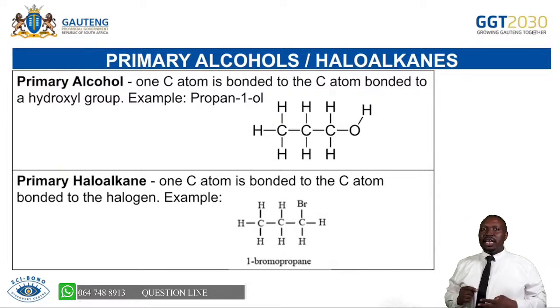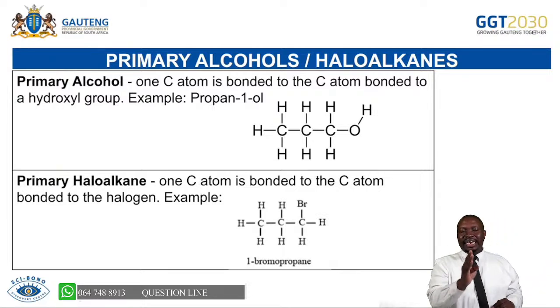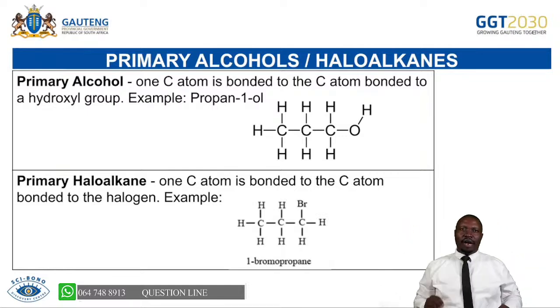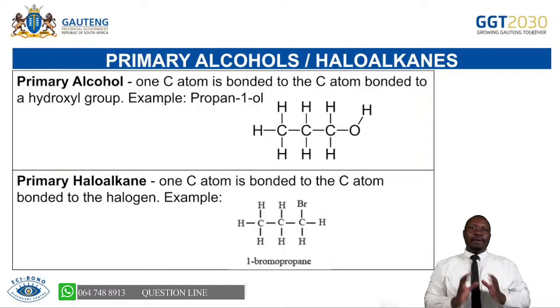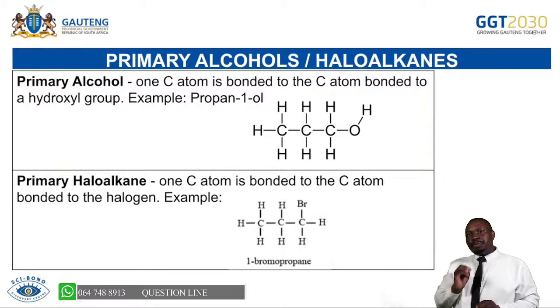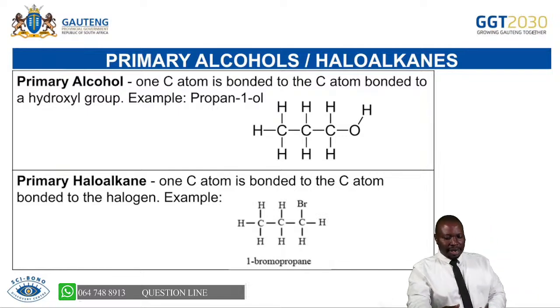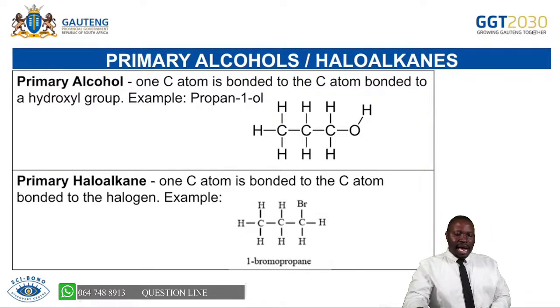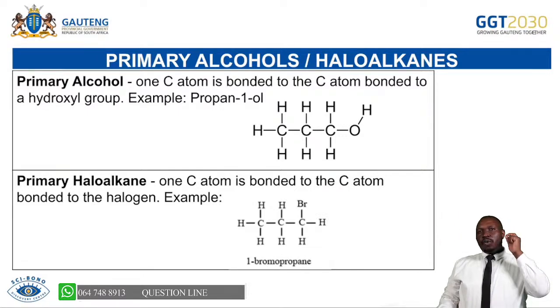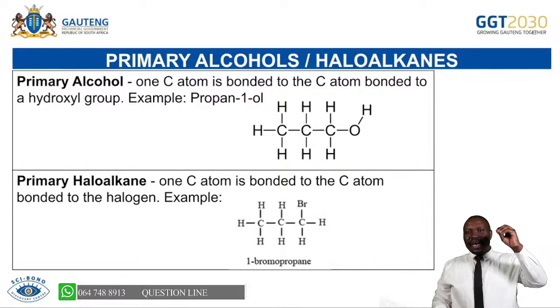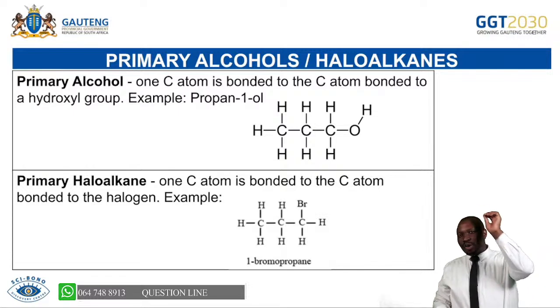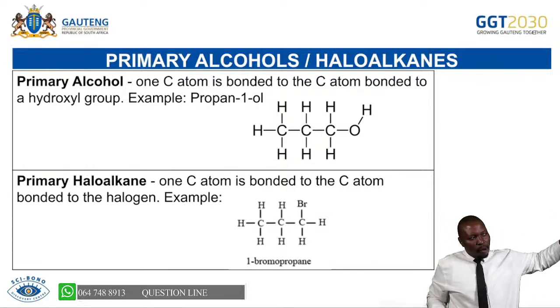So that is your understanding. You only focus on the carbon that is bonded to the halogen for haloalkanes. You ask: this carbon that is bonded to the halogen, how many other carbons is it bonded to? If it is bonded to one other carbon, we call it a primary haloalkane. And for alcohols, the carbon that is bonded to the hydroxyl group, how many other carbons is it bonded to?